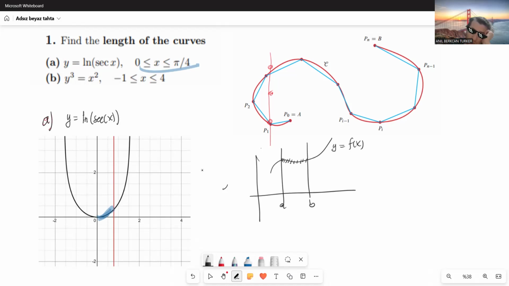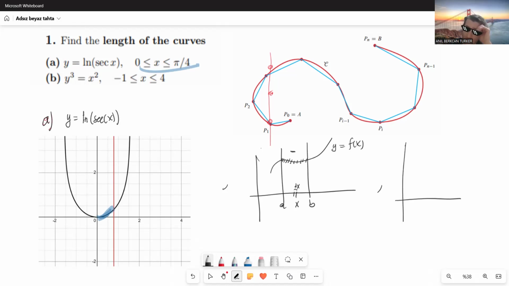What should we do? We should take an arbitrary x point or some dx. There is some corresponding part, but it will have a slope. It is not always just horizontal.